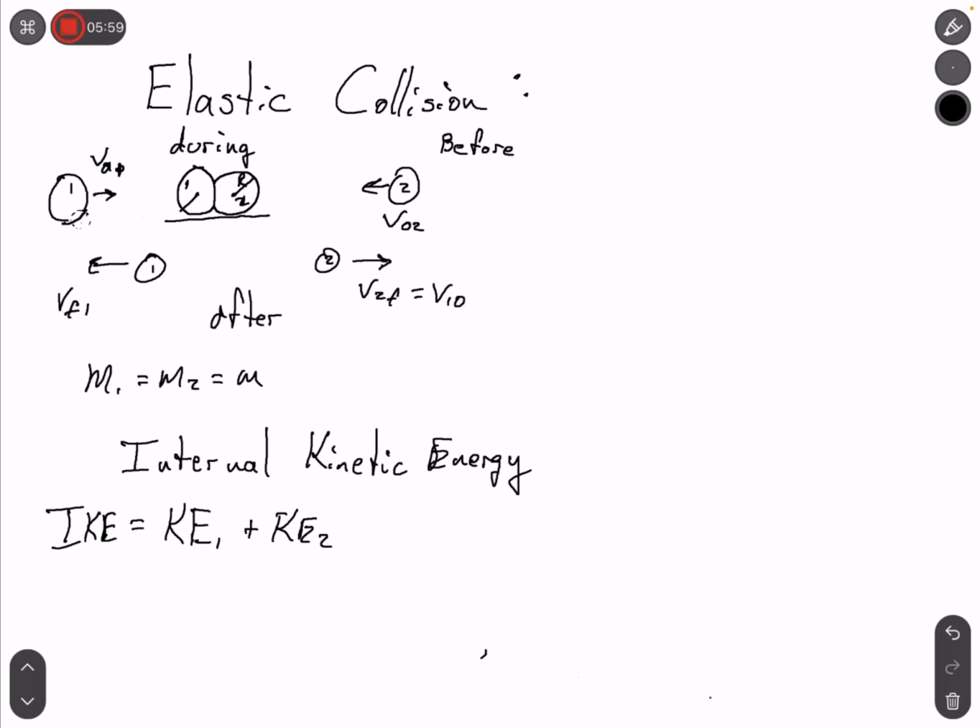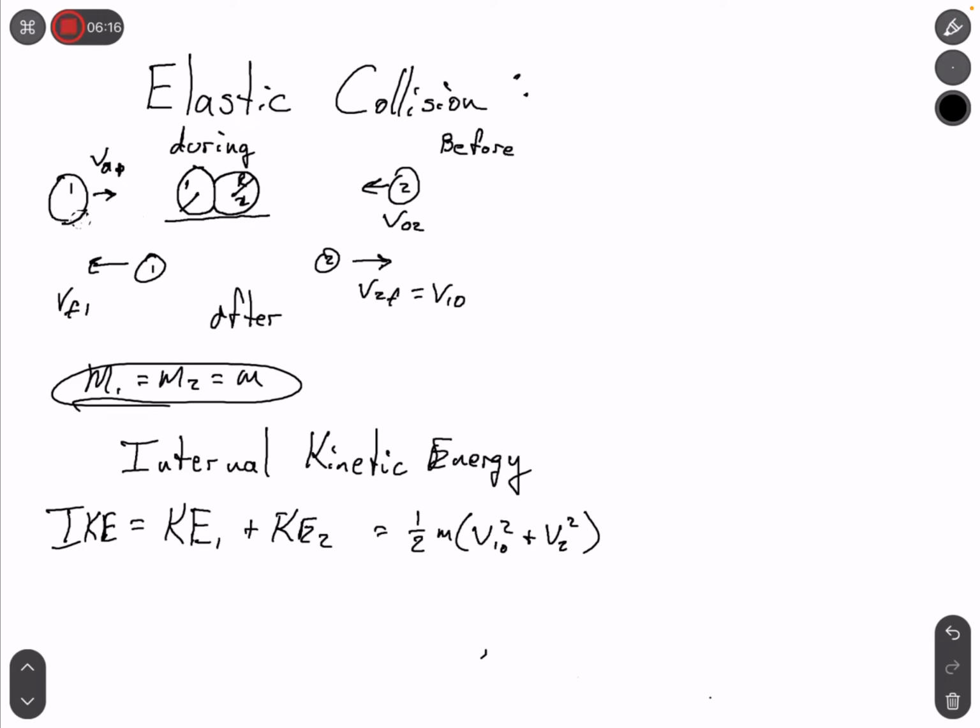IKE. Well, that's 1/2, and if they have the same mass, then it's 1/2 m times v1 squared plus v2 squared.